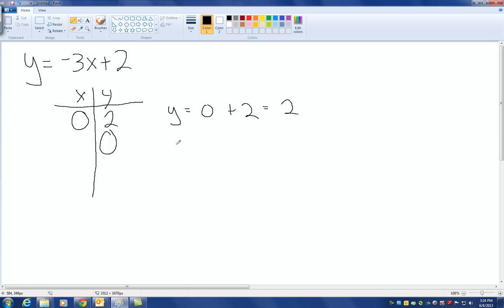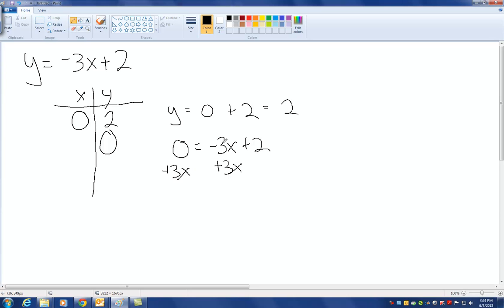Now with y equals 0, we have a slight problem, not insurmountable. 0 equals negative 3x plus 2. To get the x over on the left-hand side, add 3x to both sides. Remember, 3 is not an expression here.